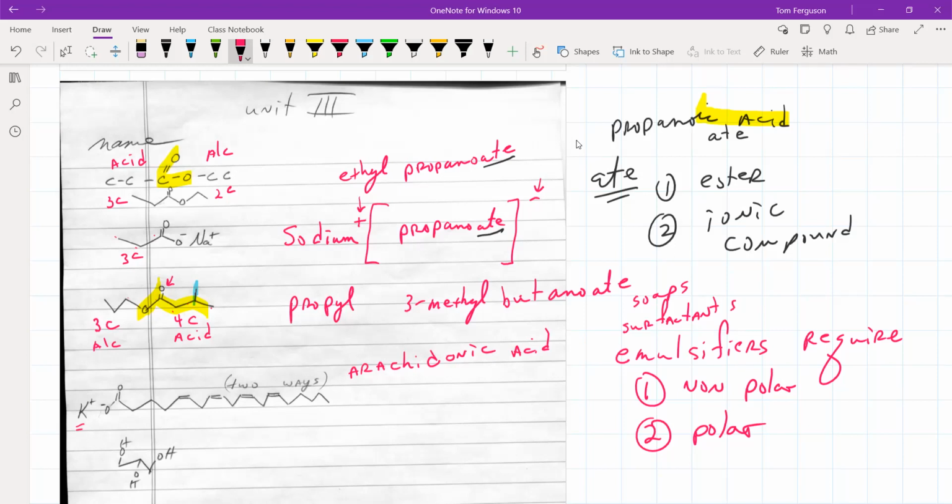Okay, so let's name it though. Okay, it's not arachidonic acid. It is, okay, and then it'll be potassium arachidonate. Okay, so let's name it using the delta.